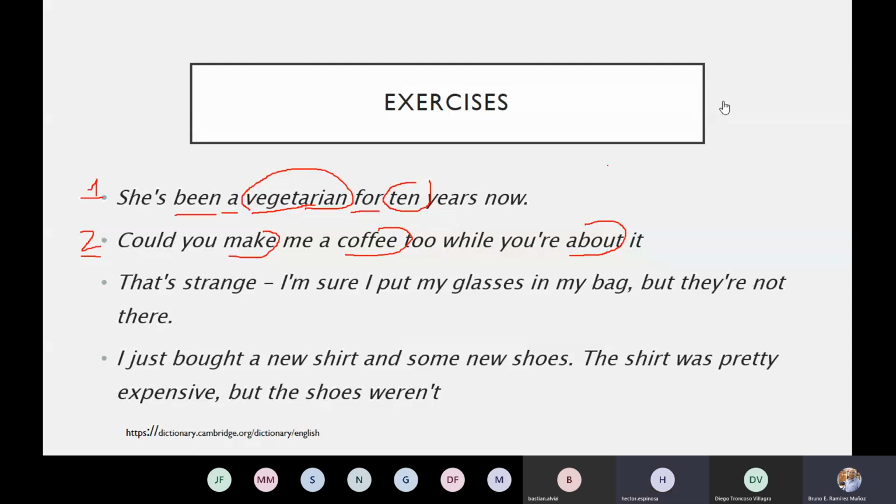That's strange. So I would say the first element in that's strange, that, right, should be weak. That's strange because the important word in this sentence is the adjective strange.